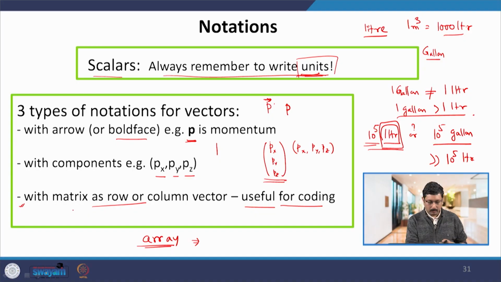Those kinds of quantities can be useful to describe, for example, a medical record of a patient and so on. In those cases, this notation is useful, thinking of the vector as an array of numbers, or a column of numbers or a row of numbers.